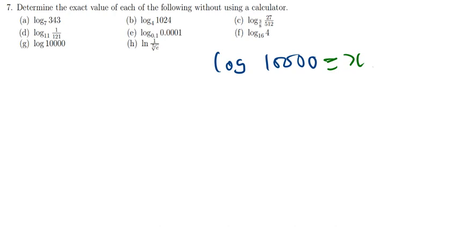So it is 10 raised to the power x is equal to 10,000. Let's make 10,000 have base 10. So it's 10 raised to the power x is equal to 10 to the power what? 10 squared is 100. 100 times 10 is 1000. 1000 times 10 is 10,000.